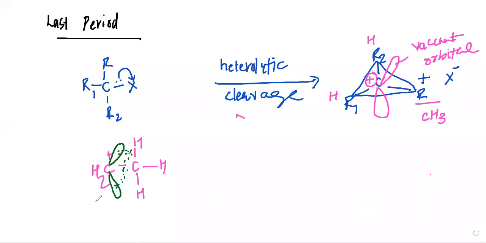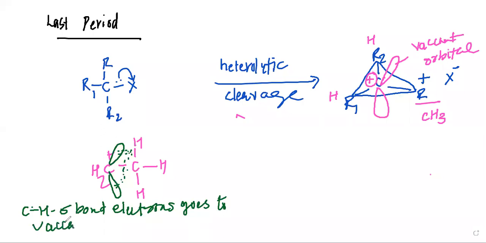So here the CH sigma bond electrons go to the vacant p orbital. Sorry, I said d orbital earlier, it is the vacant p orbital. I am so sorry.